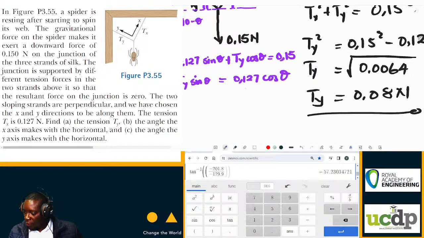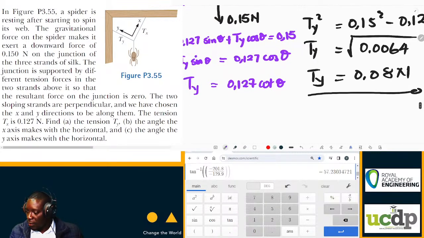So divide everything by sine theta. We have Ty equals 0.127 times cot theta. Okay.